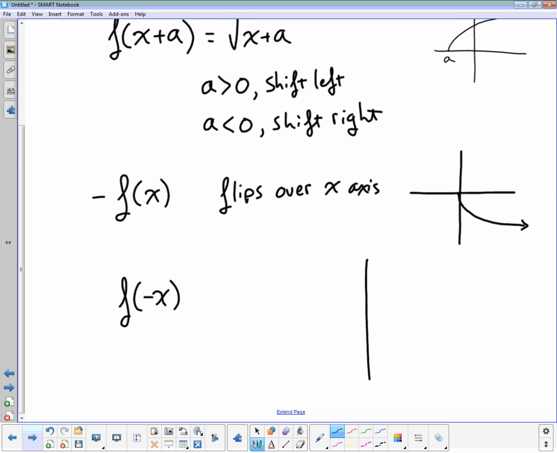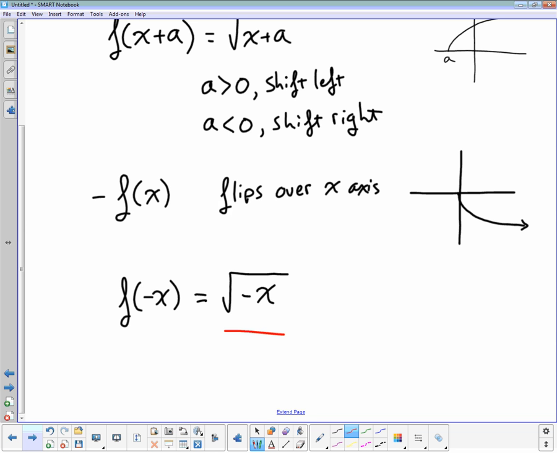Since this normal parent function does not have a domain of the negative numbers, the only way that this survives and actually gives me a value that I can graph is if I plug in a negative number to begin with.